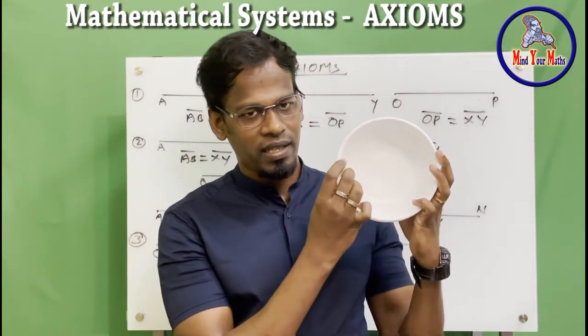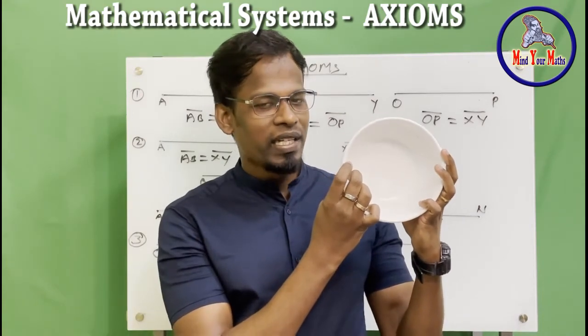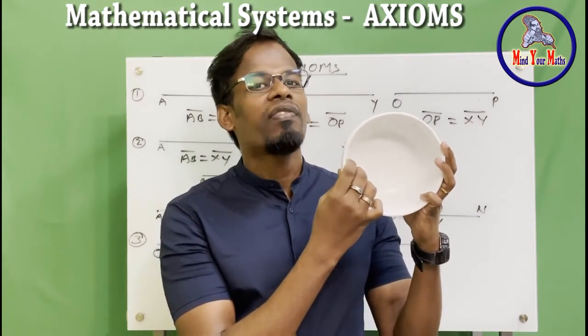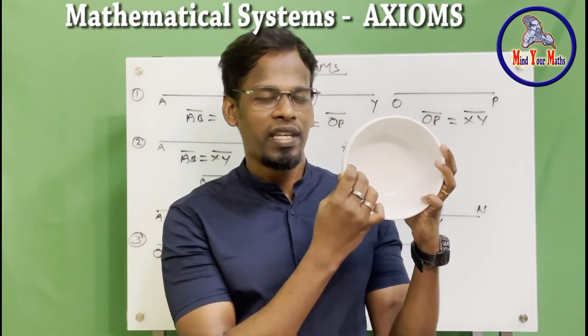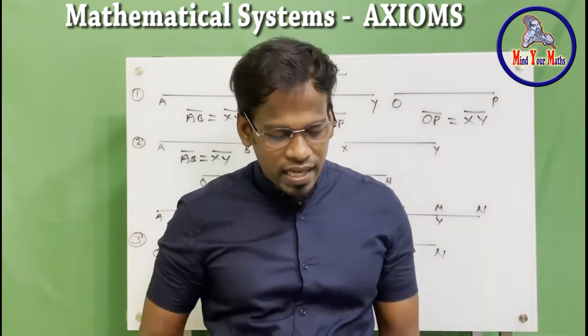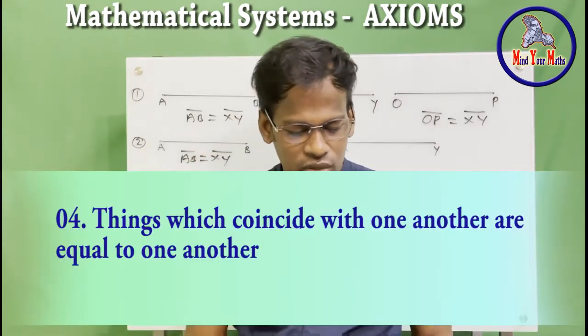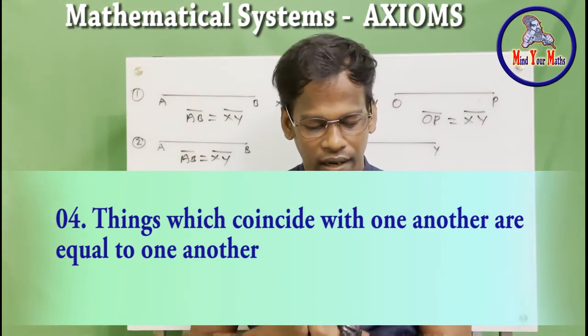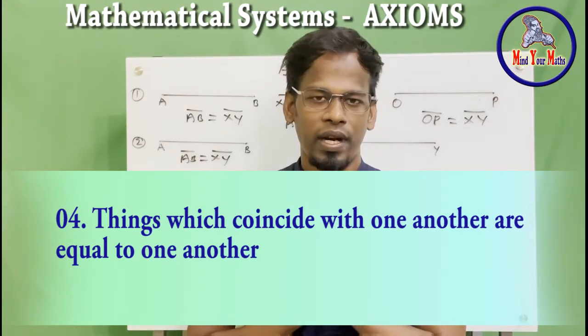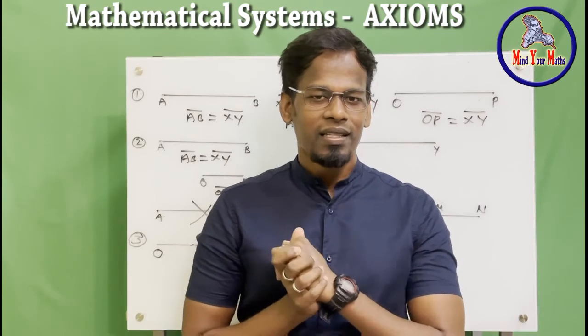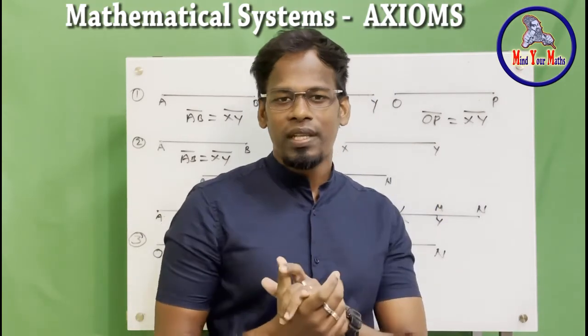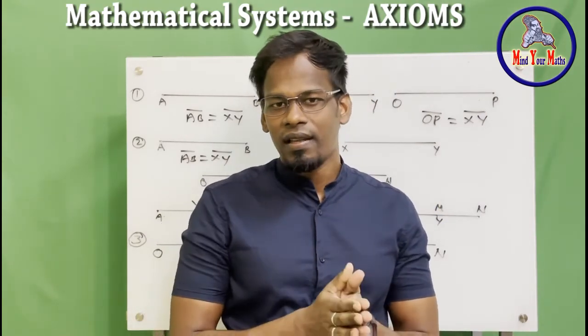So what it means is that they exactly fit on each other, right? So that's what it means. Things which coincide with one another are equal to one another. Got it, right? So now let's see what we can use in geometry to understand this one.